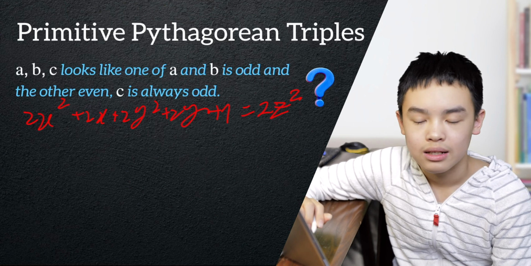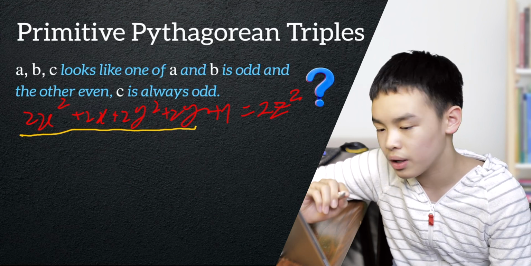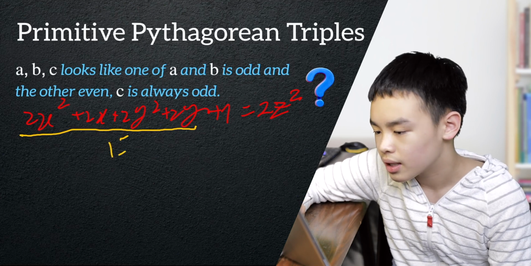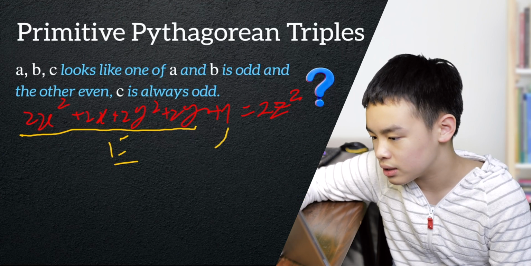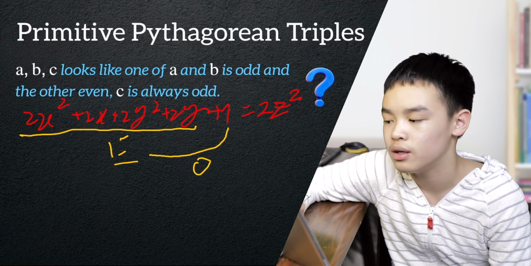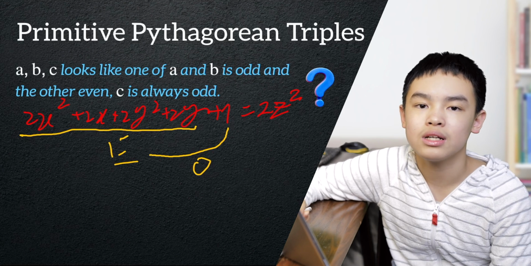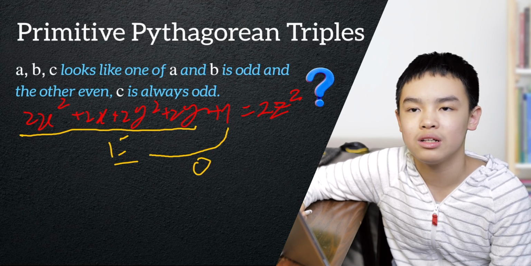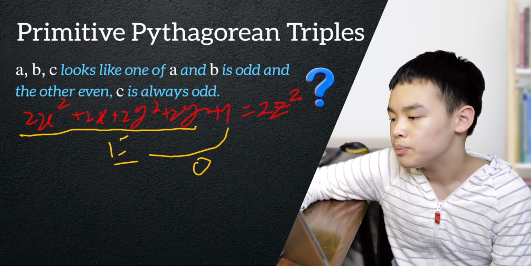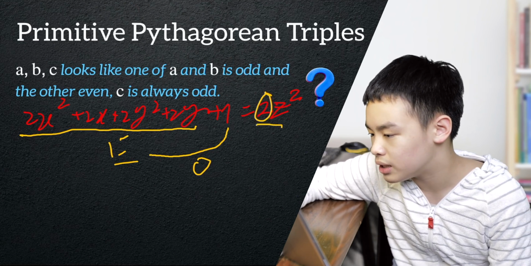Now we see 2x squared, 2x, 2y squared, 2y, they're all even, and 1 is odd, and an even number plus 1 is always an odd number. And 2z squared, the z squared can be either an odd or an even number, but since there is a times 2, then it must be an even number.